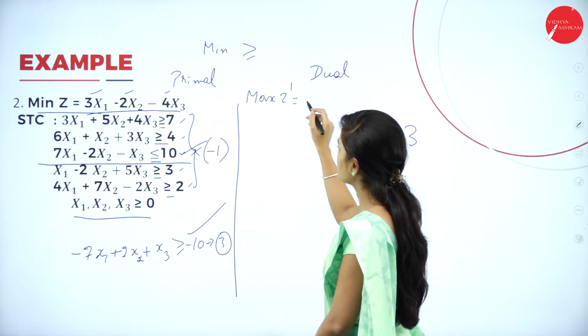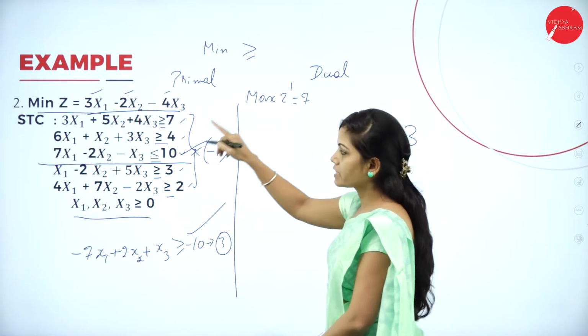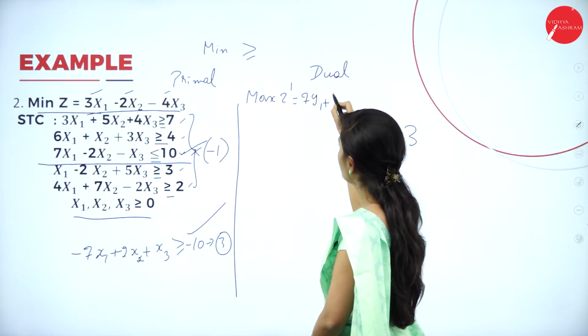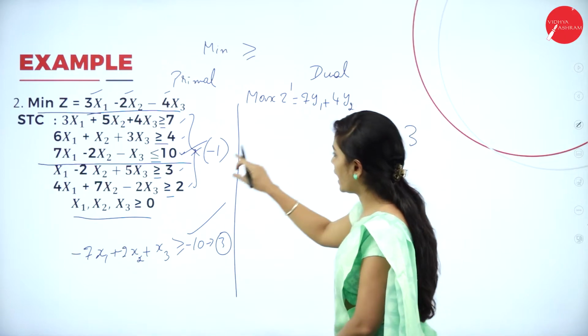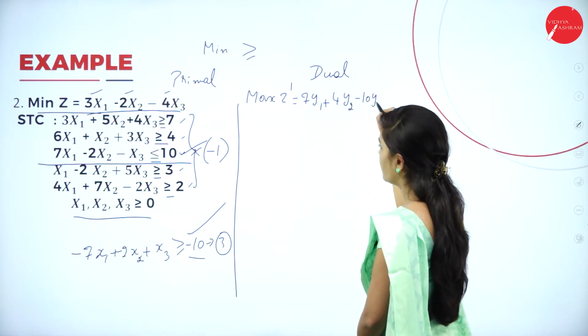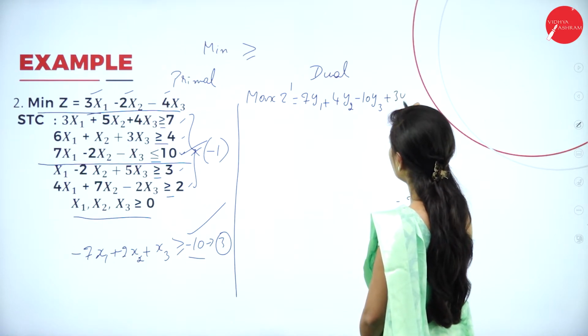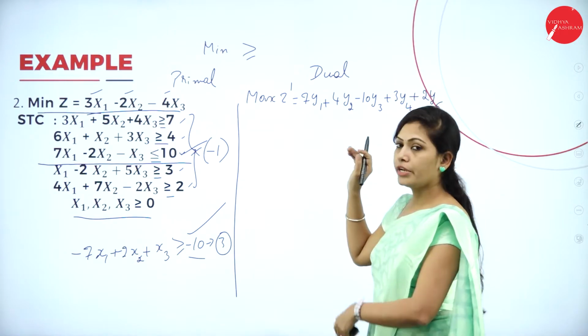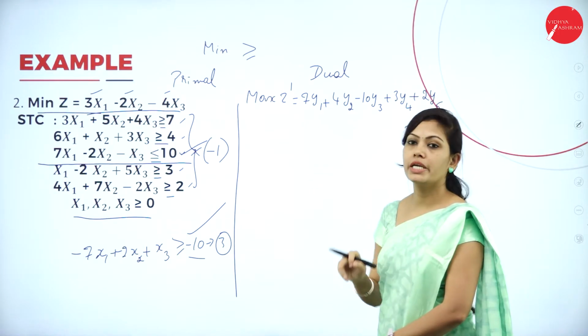So max z dash is equal to 7y1 plus 4y2 minus 10y3 plus 3y4 plus 2y5. Now this is my objective function.